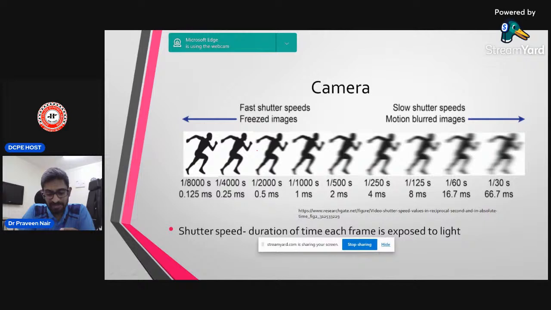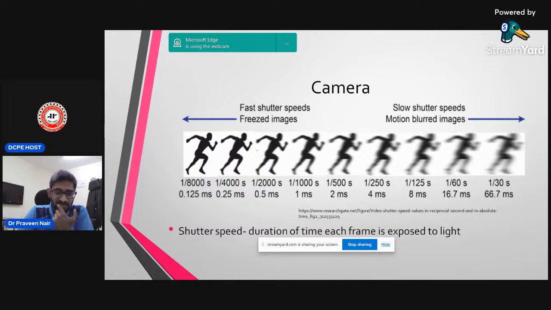So the rule of thumb says, what is the criteria? They say that the shutter speed should be double the frame rate. Suppose my frame rate is 100 frames per second, so my shutter speed will be double of 100, 200, reciprocal of that, 1 by 200.